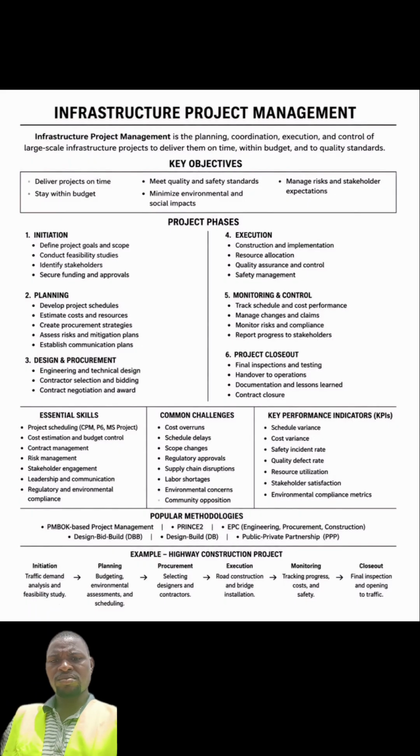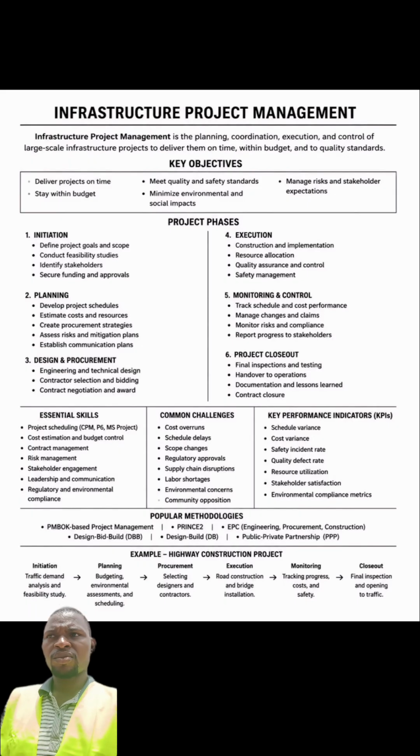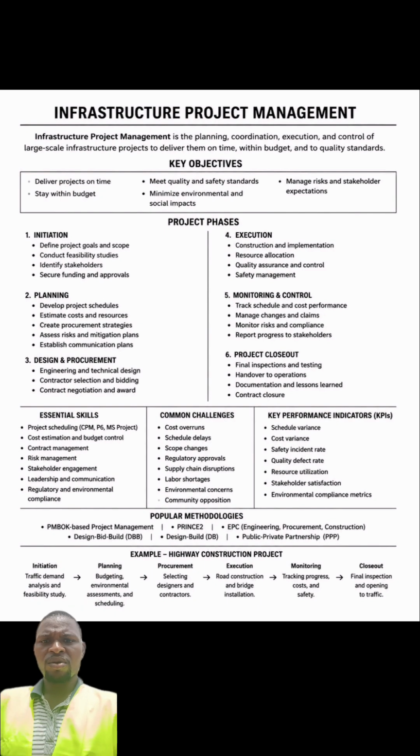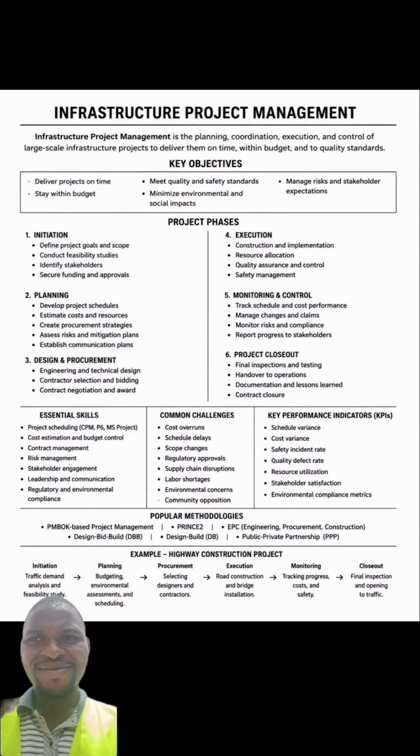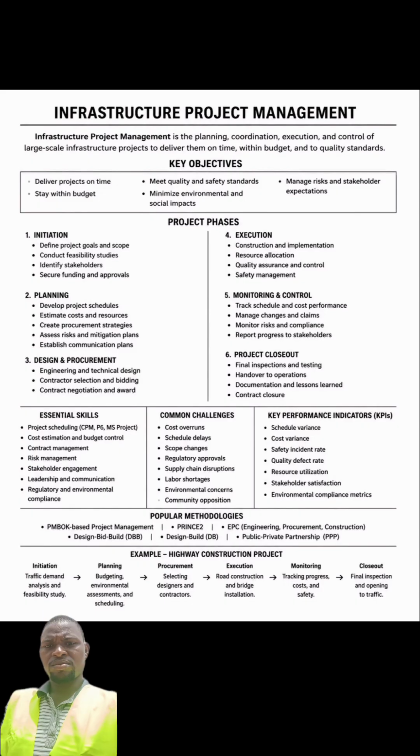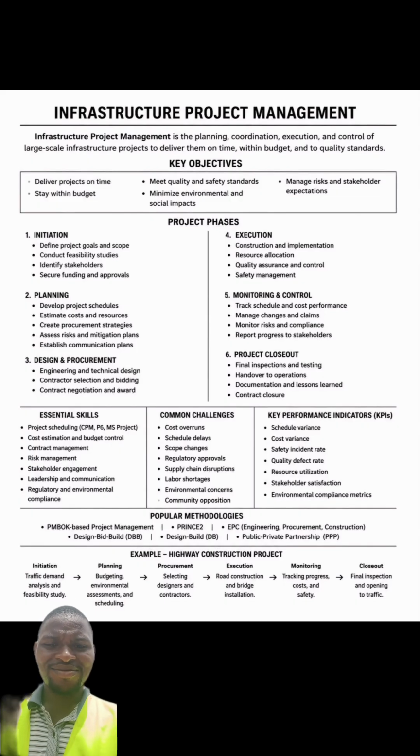Then procurement, selecting designers and contractors, that is under procurement. The execution, so we have road construction and bridge installation. So for execution, you are going to do the road construction itself, then along the line your bridge installation. Then we have monitoring. So for monitoring, you have tracking process and progress, then costs and safety.